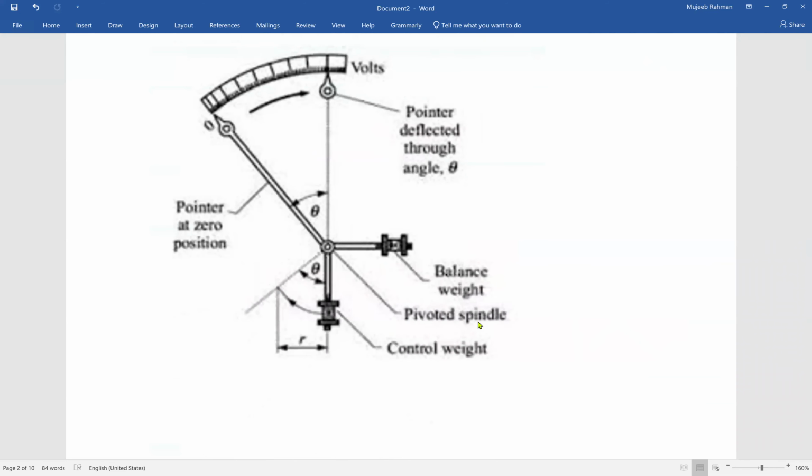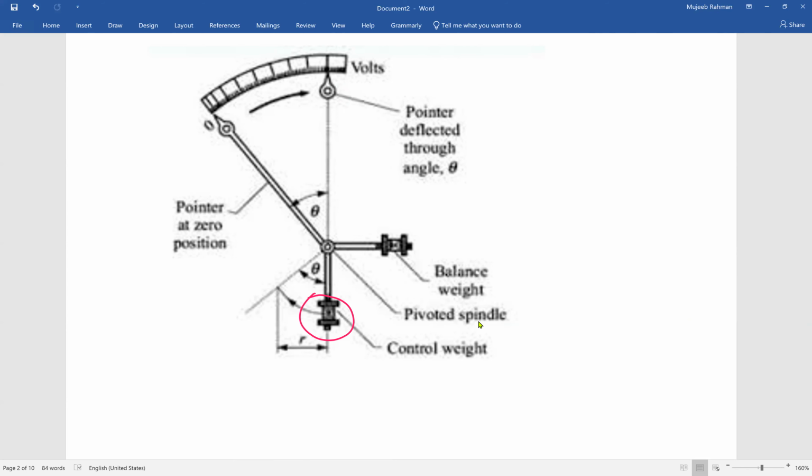Now the second mechanism here, some kind of weight is attached. This is called the control weight. Normally, if the instrument is disconnected from the lines, the instrument gives 0 reading.